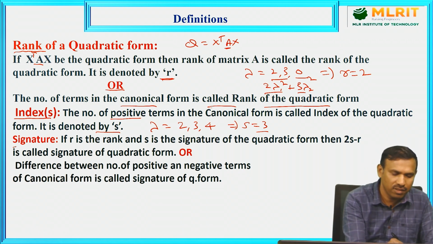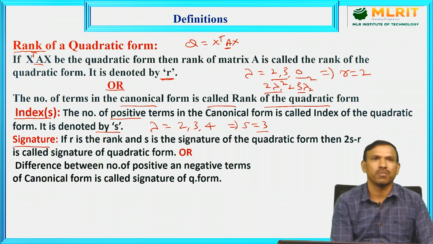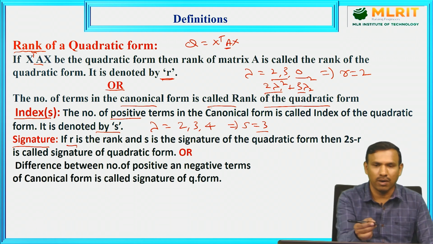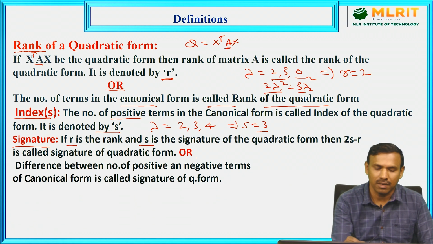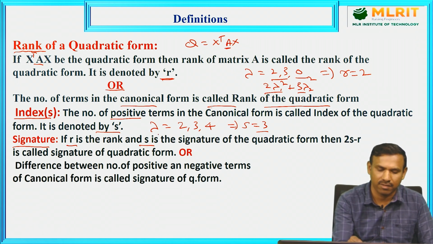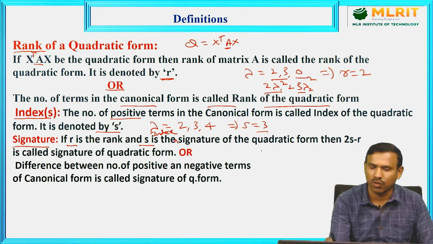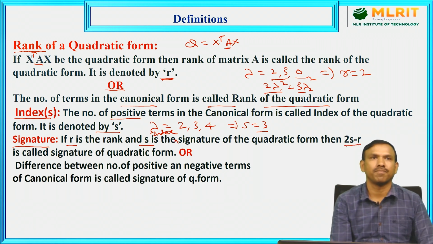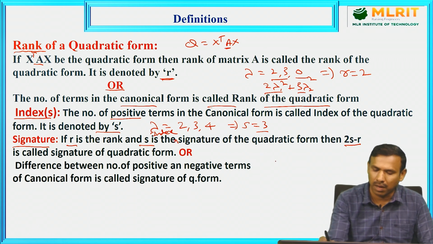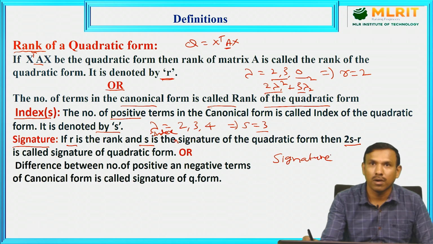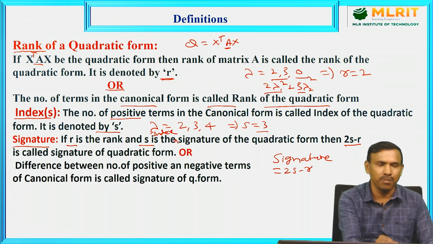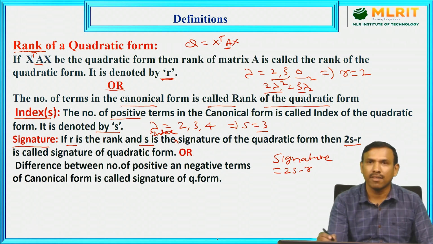Next, signature of the quadratic form. If R is the rank, as we already discussed, and S is the index, then the signature of the quadratic form is 2S minus R. Simply, that is the signature formula, 2S minus R, where S is the index, meaning the number of positive terms, and R is the rank of the matrix.